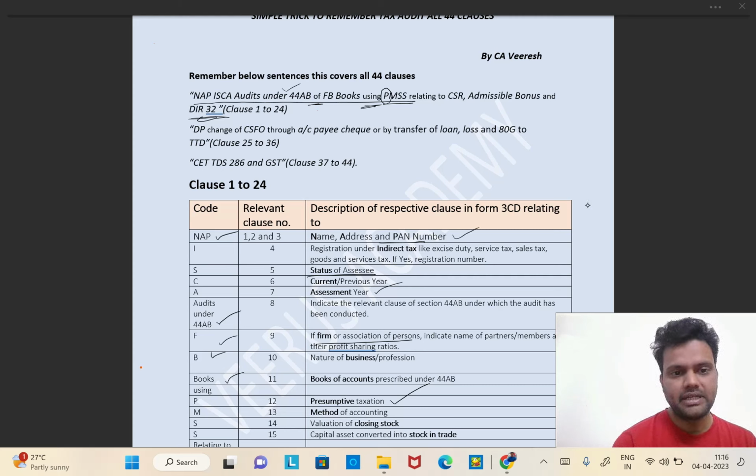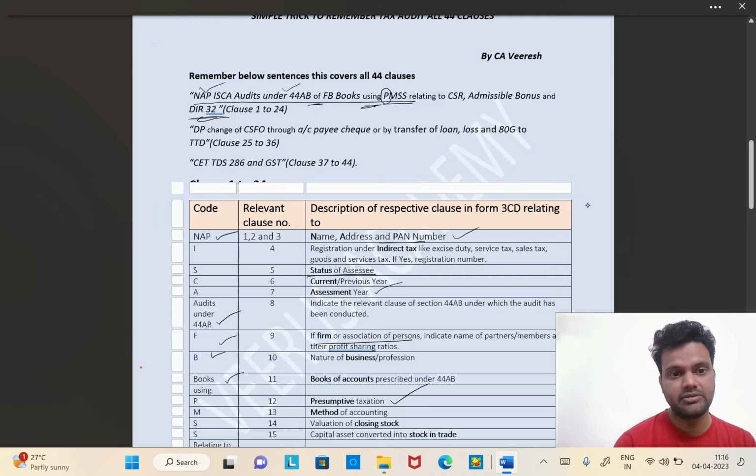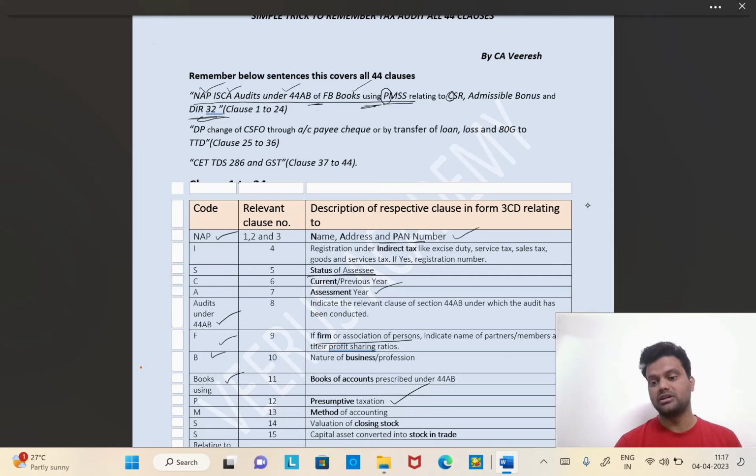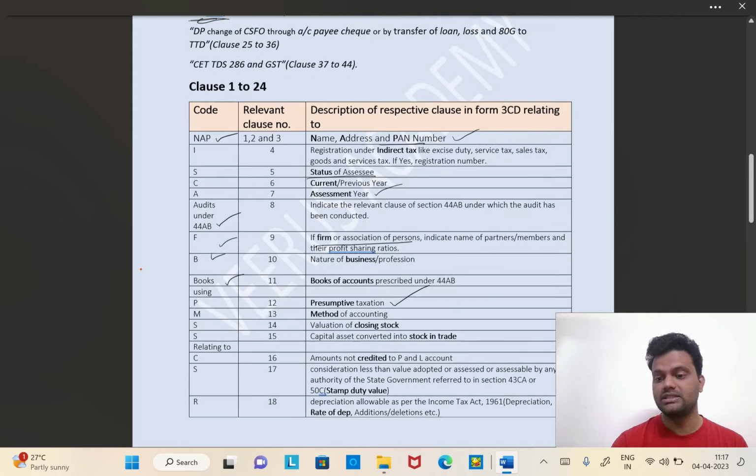NAP ISCA audits under 44AB. NAP, three words. ISCA, four words, that means 7. Then audits under 44AB, 8. FB, 10. And books, 11. And PMSS, and 15. Relating to, C means C covers the amounts which are not credited to the P&L account. That means this is clause number 16.